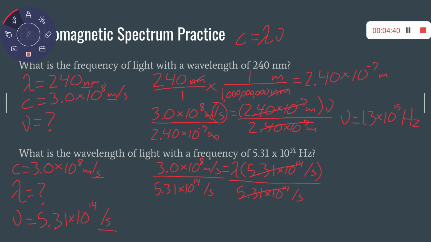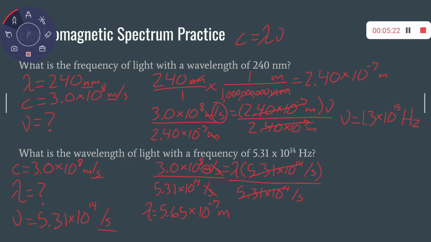And when I do that, divide the speed of light and the frequency, 3.0 times 10 to the 8th divided by 5.31 times 10 to the 14th, I get a really small number. I get that wavelength equals 5.65 times 10 to the negative 7. And because my per seconds canceled out up here, that's going to be in units of meters.